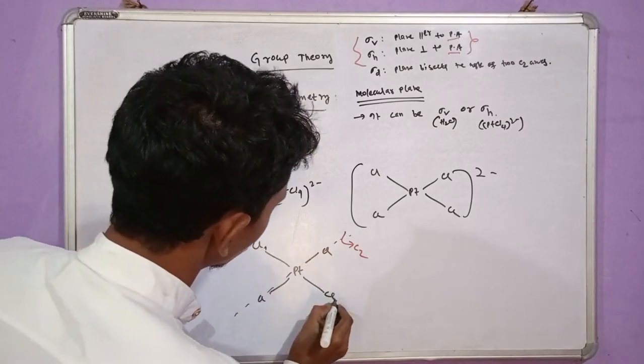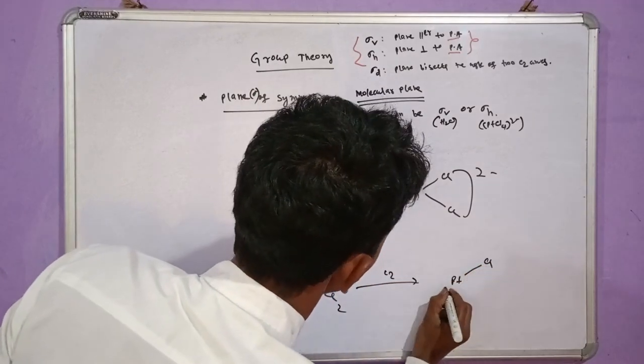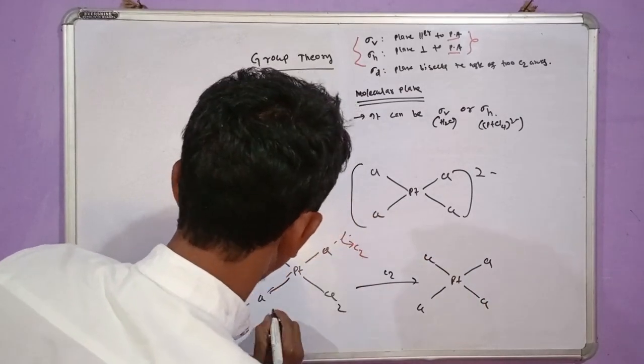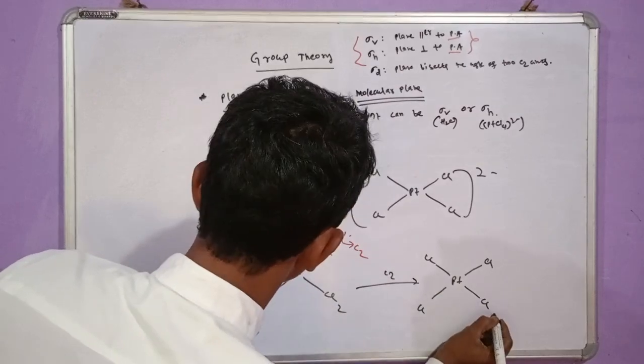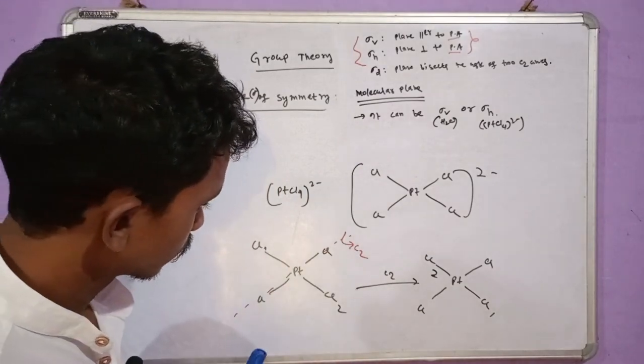Let's say this is Cl1 and this is Cl2, and if I apply C2, then Pt and Cl remain, and this becomes Cl1, this becomes Cl2. So I can pass one C2 here.